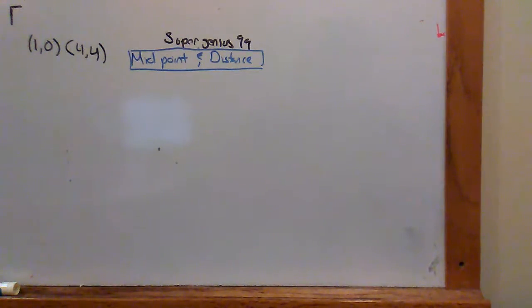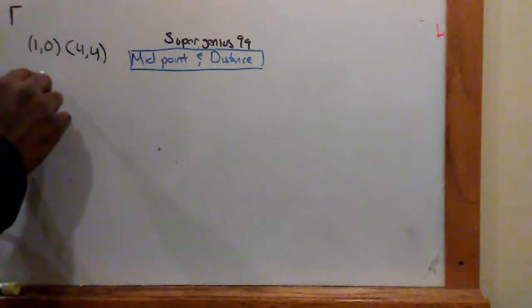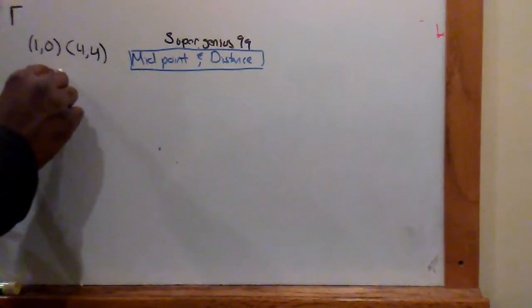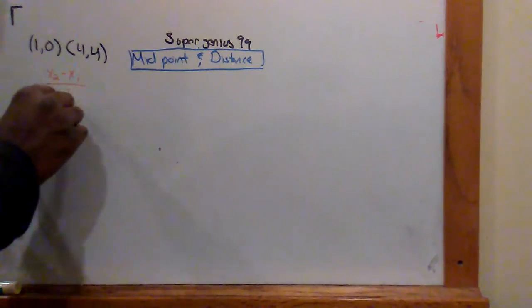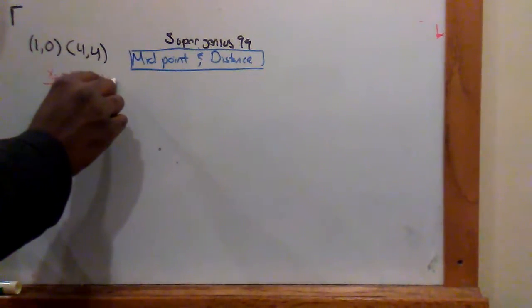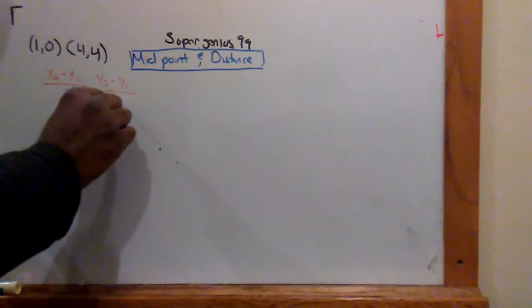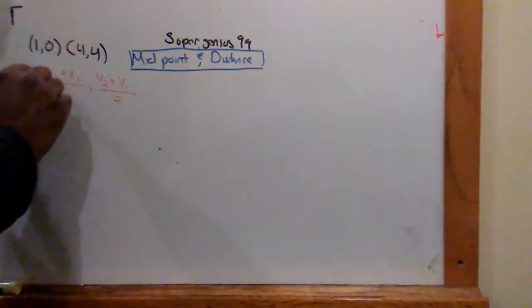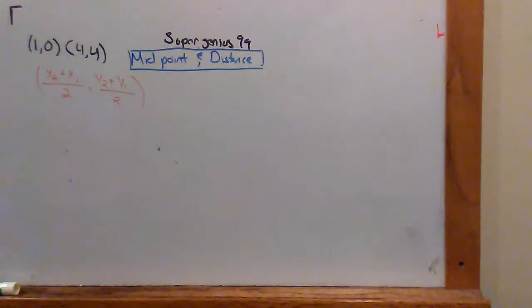So formula wise, it looks like this. So you sum your x's divided by 2, sum your y's divided by 2.